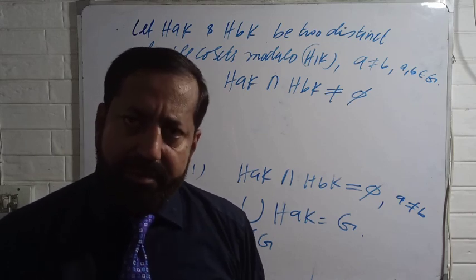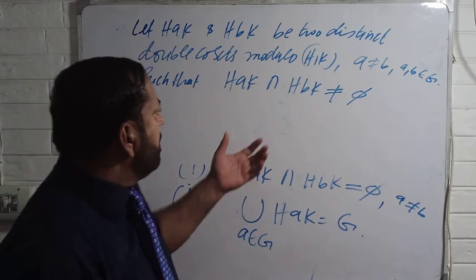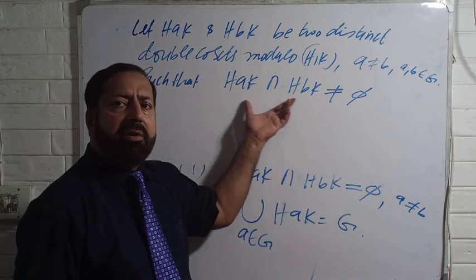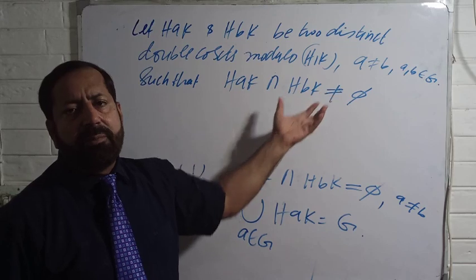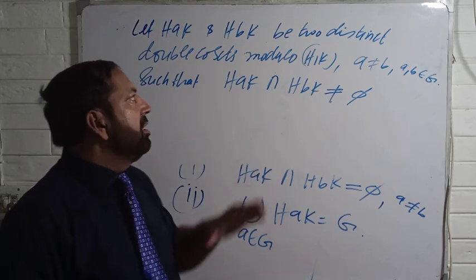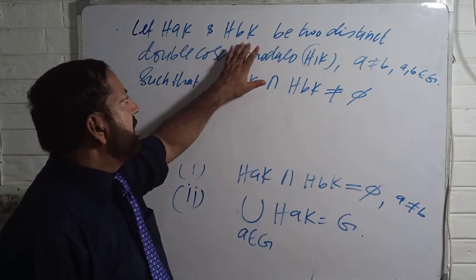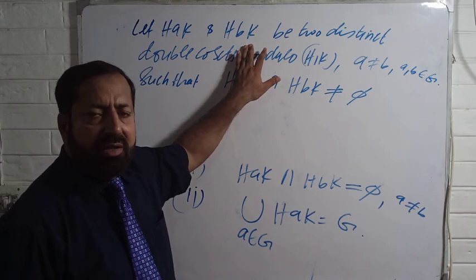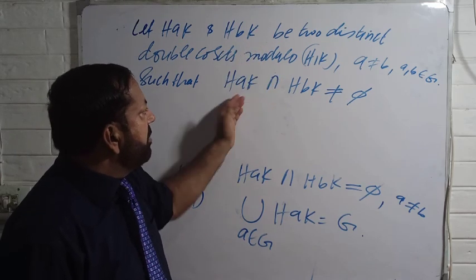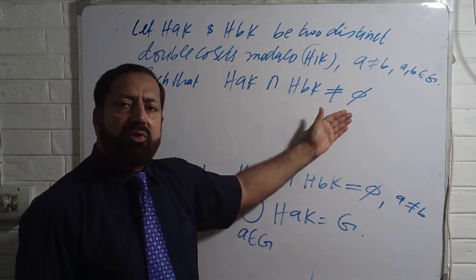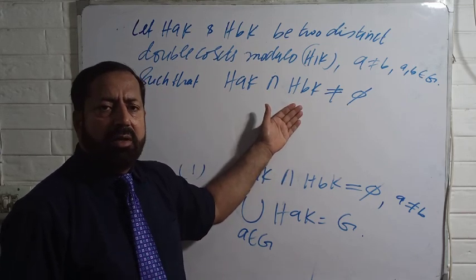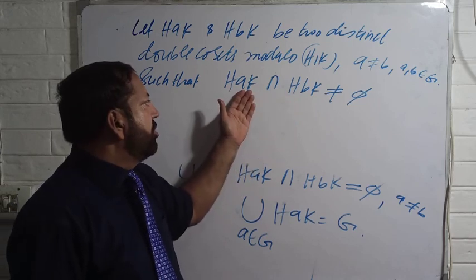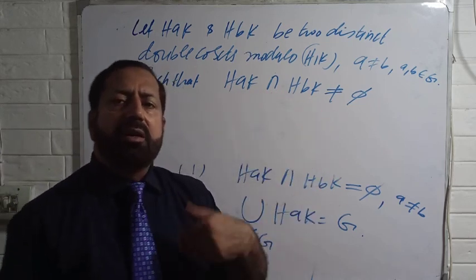However, there is no guarantee whether they have some intersection or not. If I am getting some contradiction, this means that I have no problem assuming two distinct, but I could have a problem that they have intersection. Because this is wrong, we will say that HAK intersection HBK is phi.